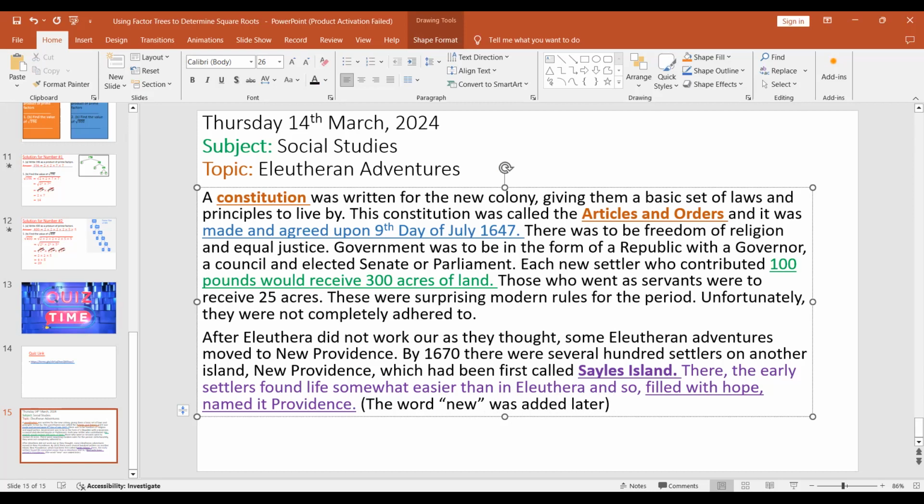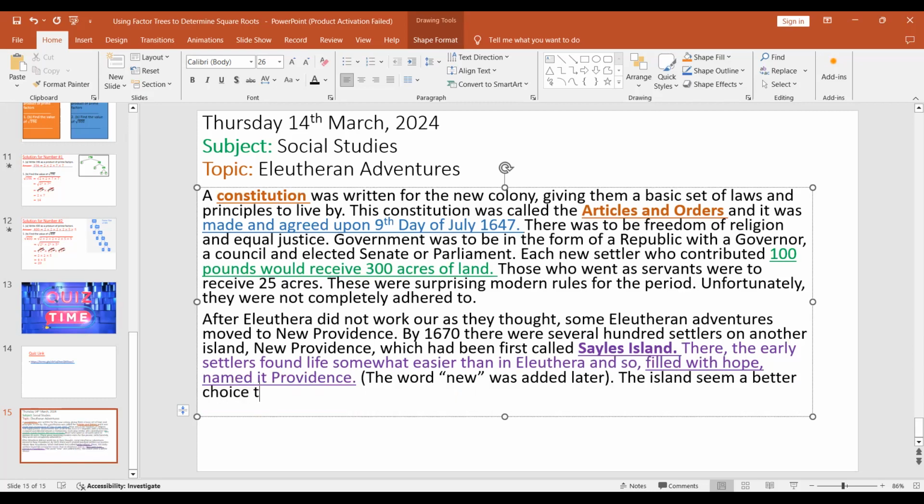The island seemed a better choice than Eleuthera. Why? Because it was more central. It had a sheltered location.